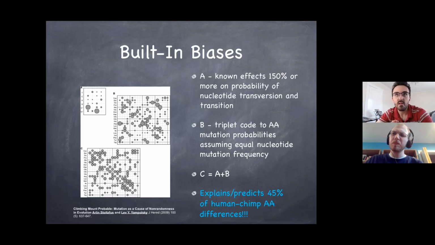It gave an interesting pattern with all these biases that they were able to calculate. And that gives you B in the figure, which is an even more asymmetric distribution of particular probabilities of transitions of amino acids than we would just assume, all things being equal, from the language of the code.